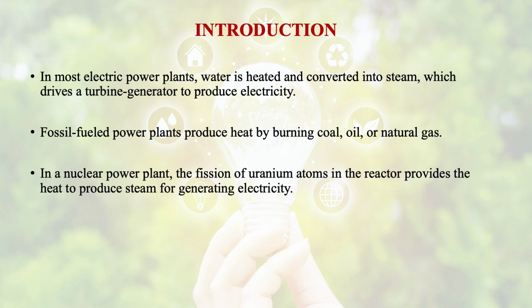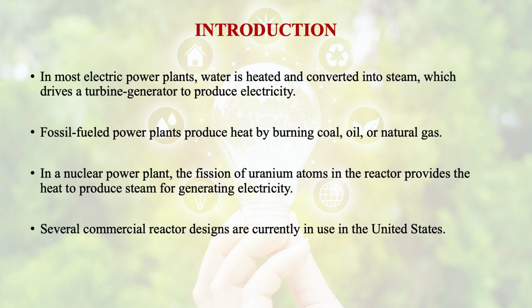In a nuclear power plant, the fission of uranium atoms in the reactor provides the heat to produce steam for generating electricity. So here the fuel is radioactive materials like uranium, etc.